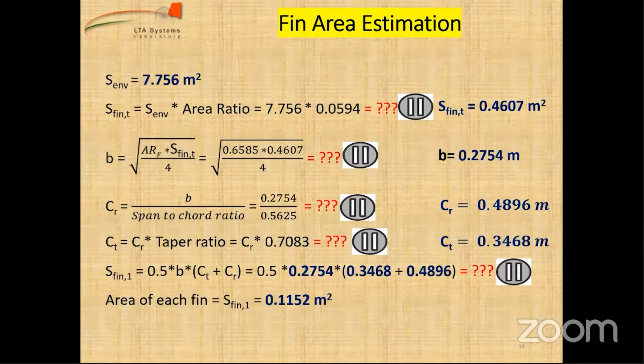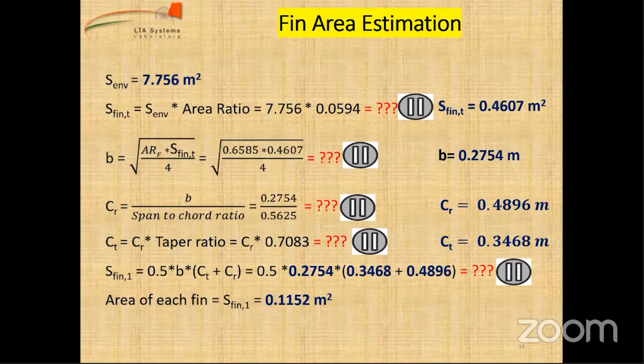Tip chord is 0.3468 meters. Then we have our area of each fin as 0.1152. So now we know total fin area and area of each fin. Okay. So we have estimated the size of the fins.